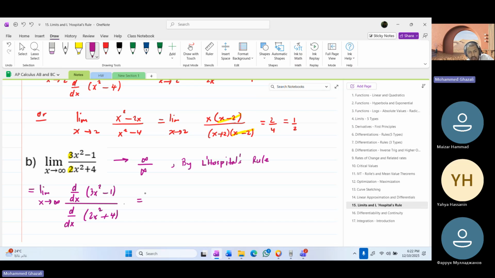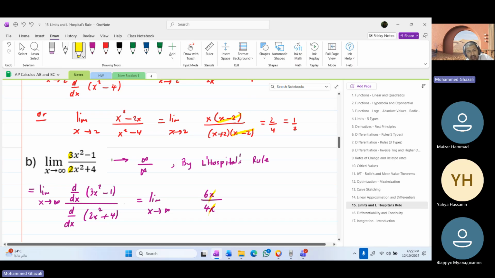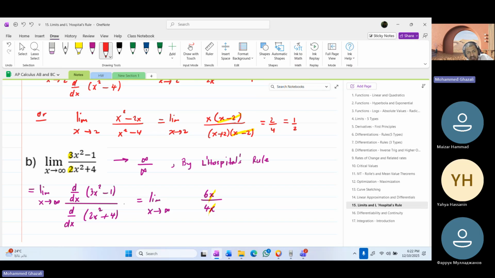We differentiate the top: 6x over 4x. Now you can cancel the x's out. And what's the answer? 6 over 4, which is 3 over 2. And that's what we discussed when we did infinite limits.